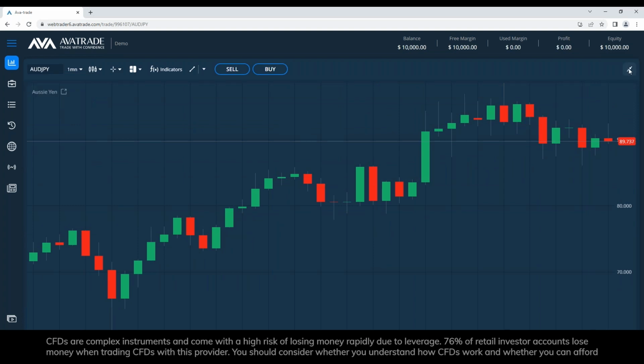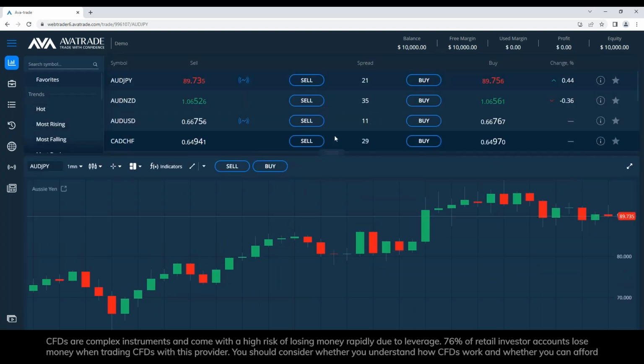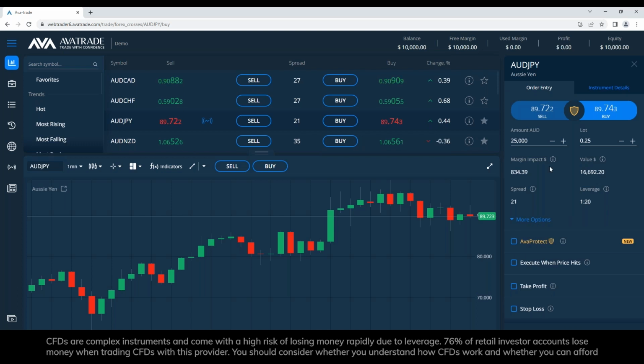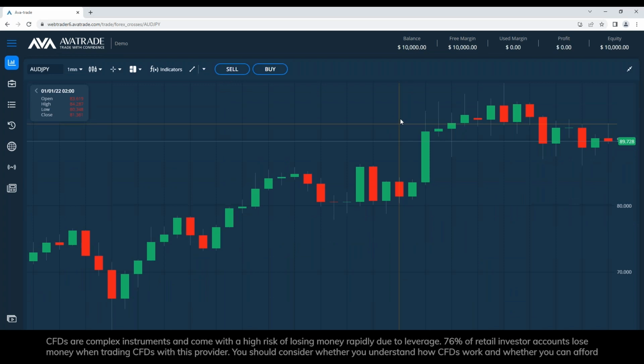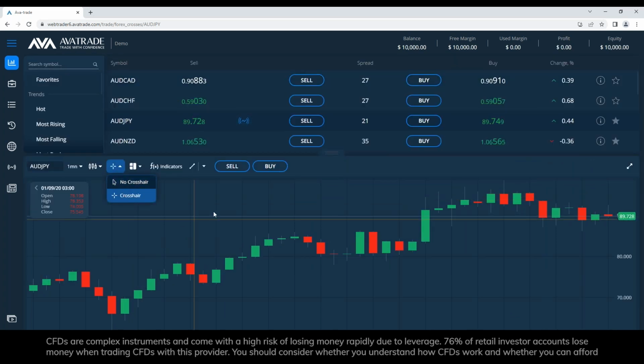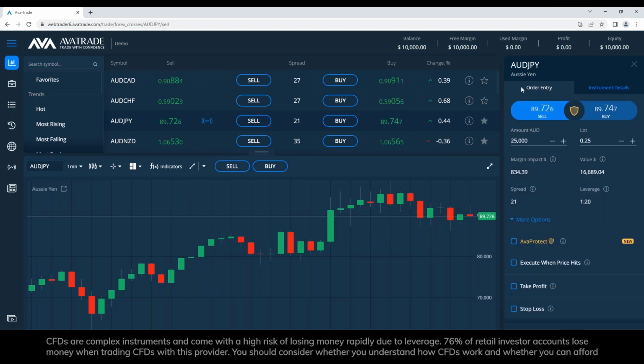I must minimize this and fold it down a bit. Now, for opening the side menu, I must click sell or buy, and there we go. So usually it comes this way, and then I minimize and change the crosshair, the order doesn't really matter, and then sell or buy makes the sidebar appear.